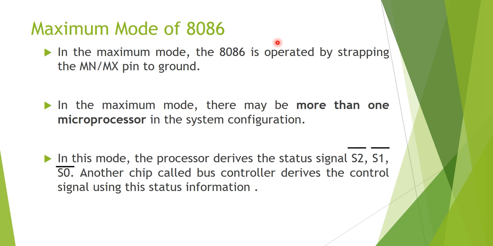This maximum mode will be operated when we apply 0 at the pin number 33, and in this case the status signals S2 bar, S1 bar and S0 bar are used to provide the various control signals. And another chip called the bus controller derives the control signals using this status information.